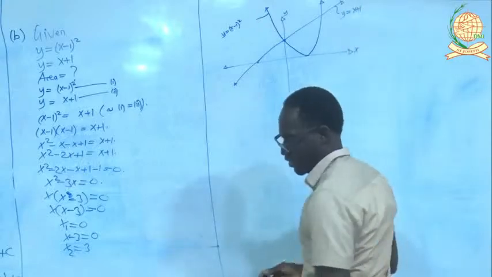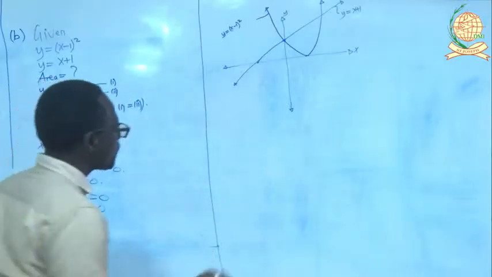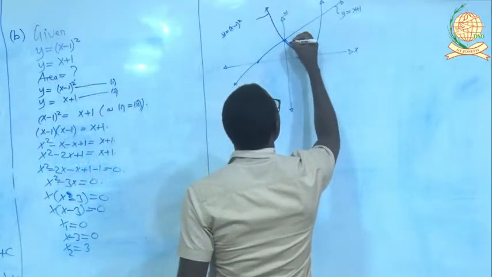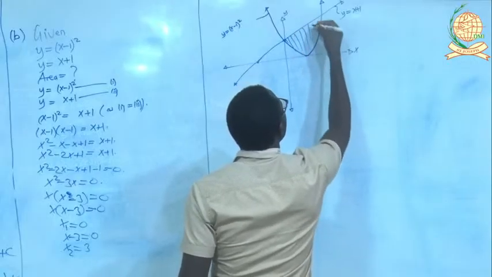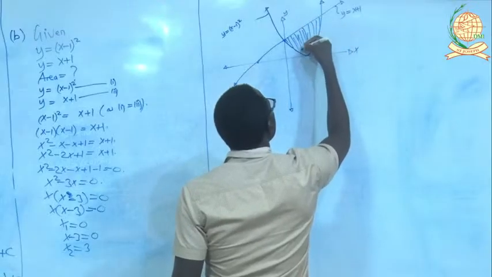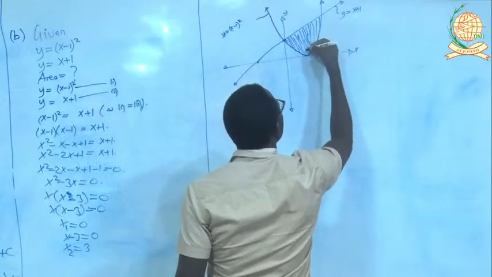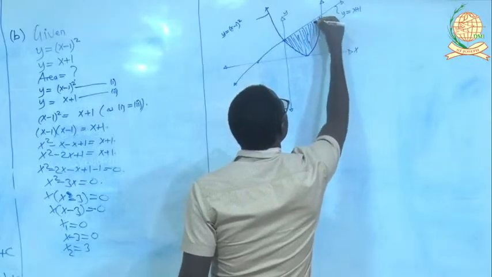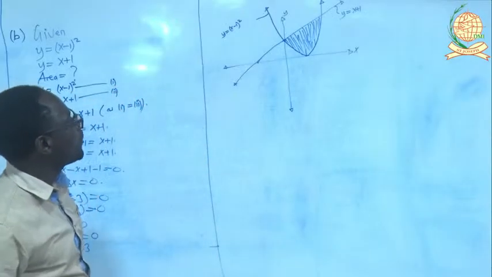Now the region between the two curves is this one. So we need to find the area between these two curves, which is this one there.